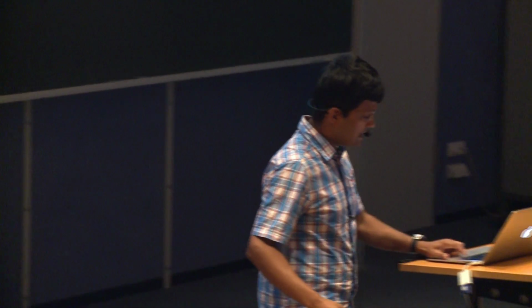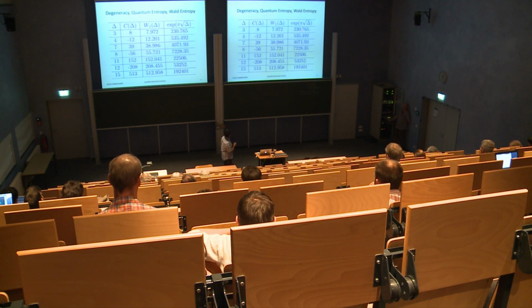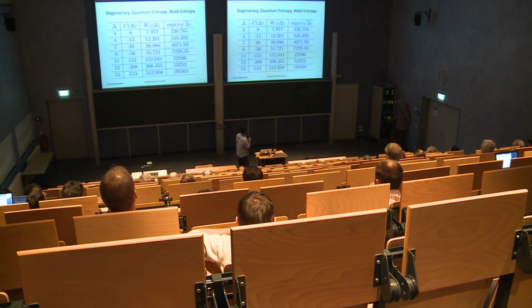As we saw here, for the number 8, the Bekenstein-Hawking entropy would have given you 230, which is a very crude approximation. But now, including these quantum corrections, which we seem to be capable of doing, you can actually hope to reproduce these integers. So I think I'll stop here.